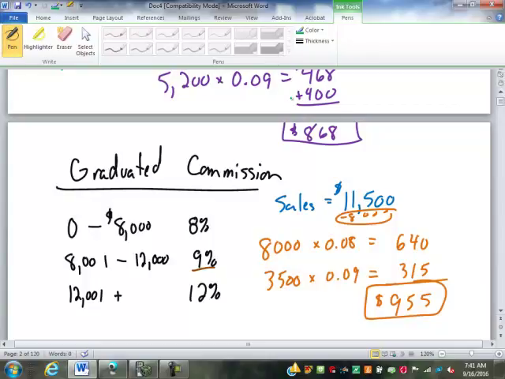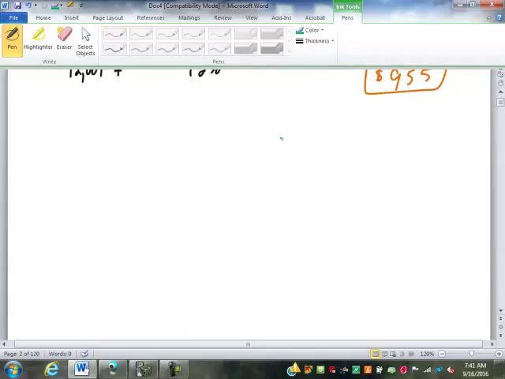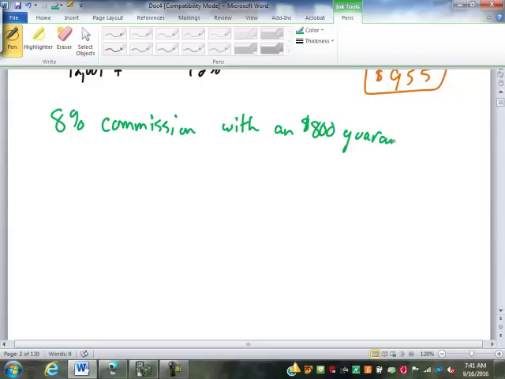One last thing I want to comment on about commission, because this used to be common. They've regulated it a little bit now, but it used to be very common, especially in the insurance industry. They'd say you're going to get 8% commission with an $800 guaranteed weekly draw.